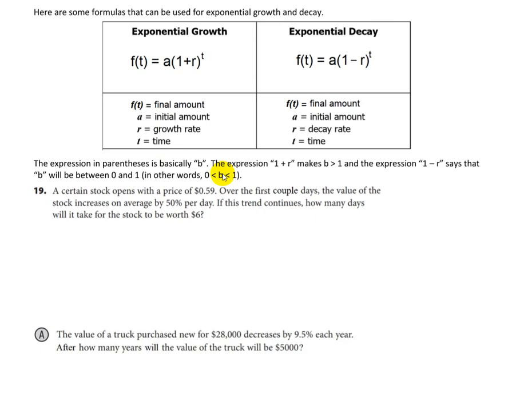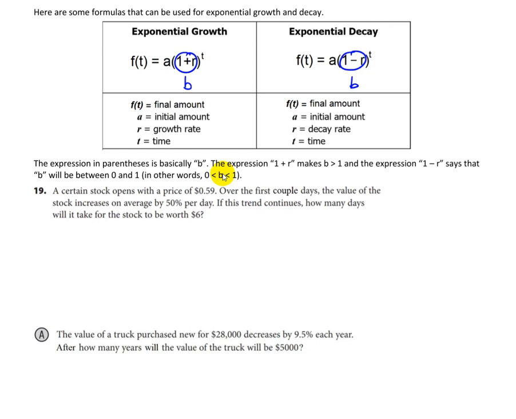Another way to represent this: this is basically b, like what I was showing you earlier in the other examples. And this a in front here, all that will do to the function is vertically stretch or compress it. But don't worry about that for now, I'll discuss that later.